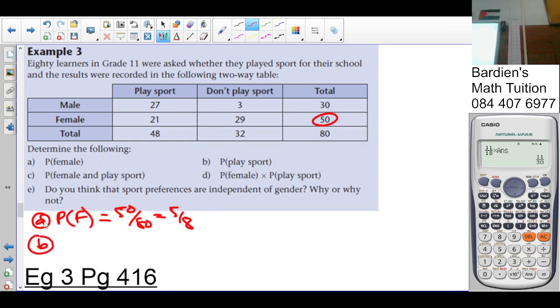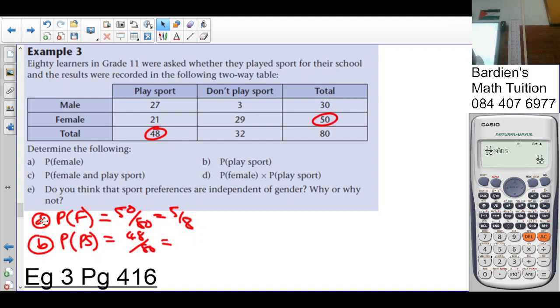B. B says play sport. Play sport is going to be 48. So the probability of play sport is going to give you 48 out of 80. Now 4 goes into both, so it's going to be 12 out of 20, so it's going to be 3 out of 5. So 48 out of 80, 3 out of 5.